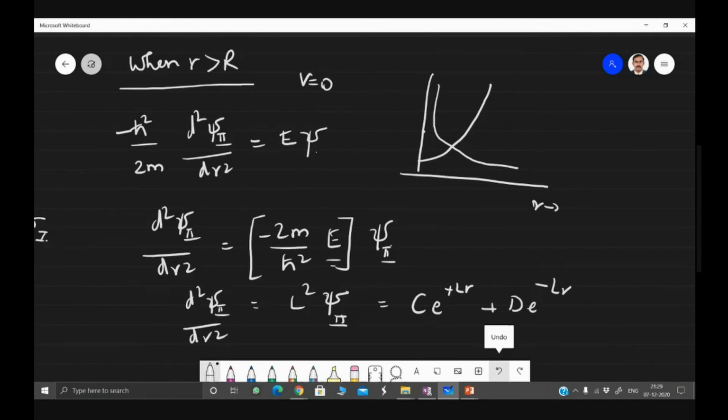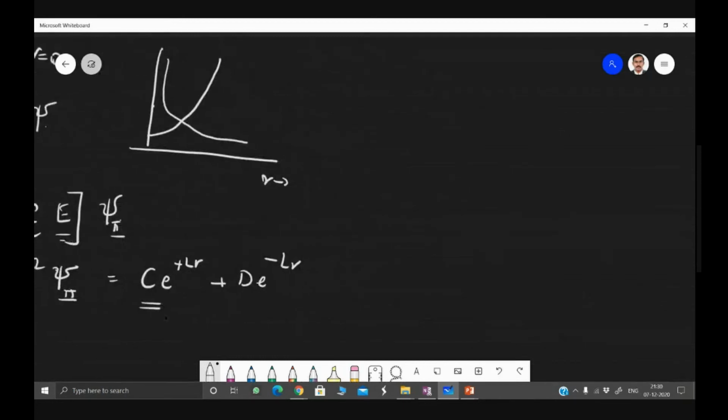Again, applying the property of the wave function to be finite, we can rule out the positive term; it should vanish. So we have psi 2 is equal to C e power Lr plus D e power minus Lr, and the wave function cannot be infinite at large values of r, and hence the only allowed solution is psi 2 is equal to D e power minus Lr.